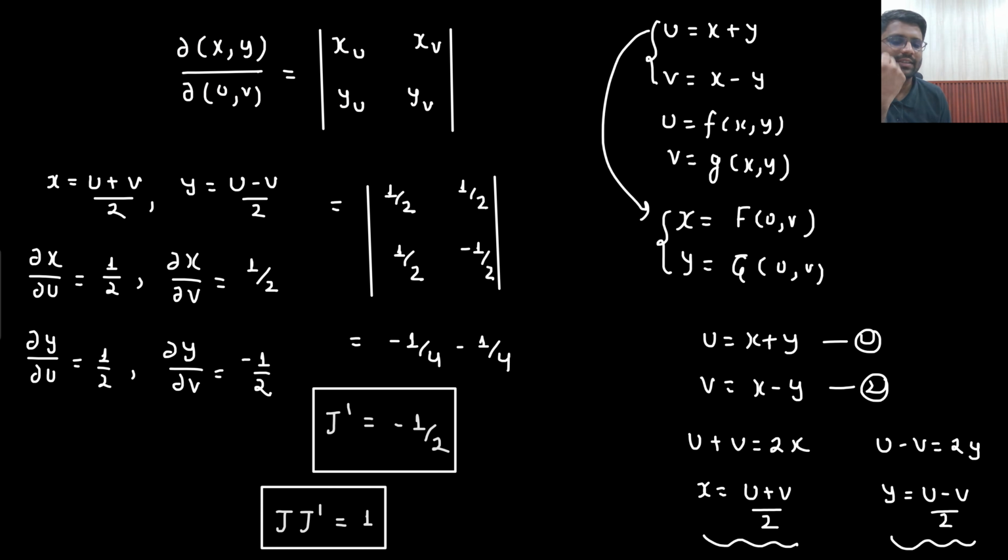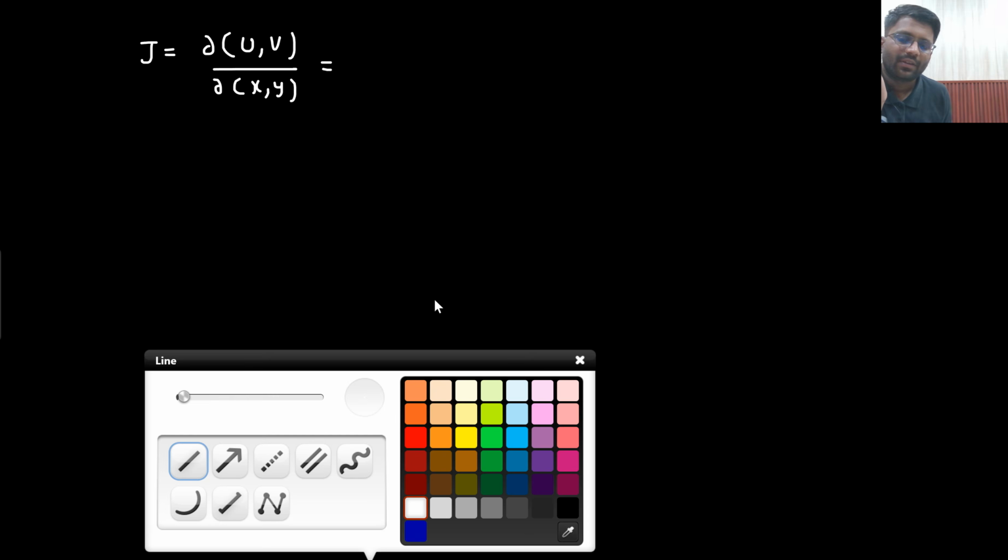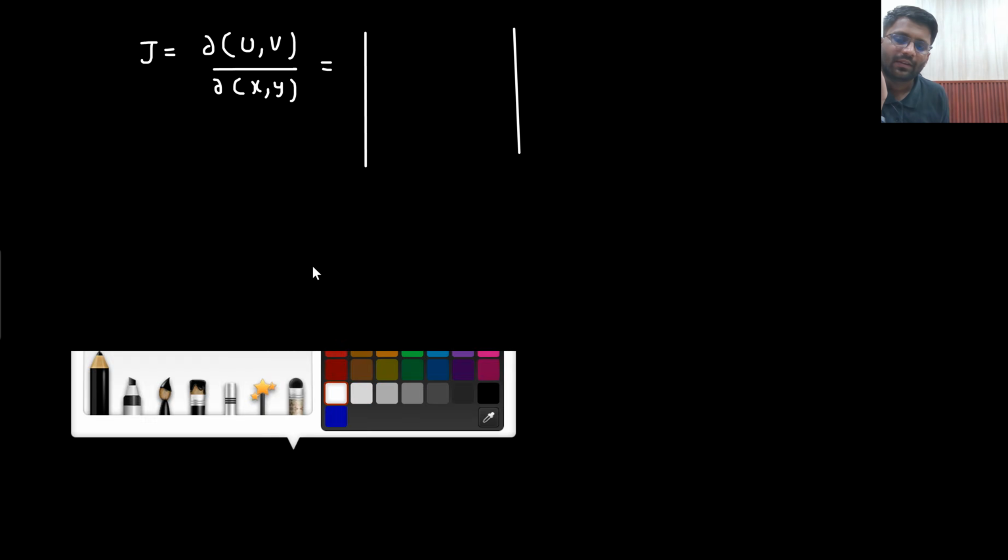So from this discussion, the only thing you need to remember is the Jacobian. Jacobian J is del of (u, v) divided by del of (x, y). On the upper side there is u with respect to x and y, and v with respect to x and y.